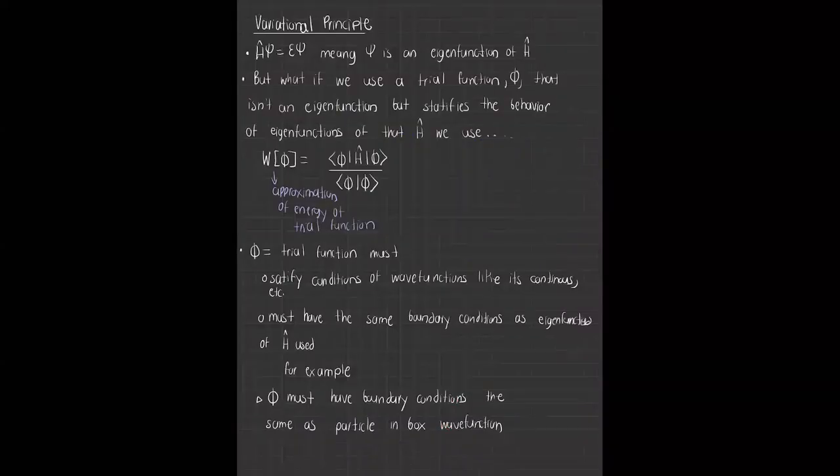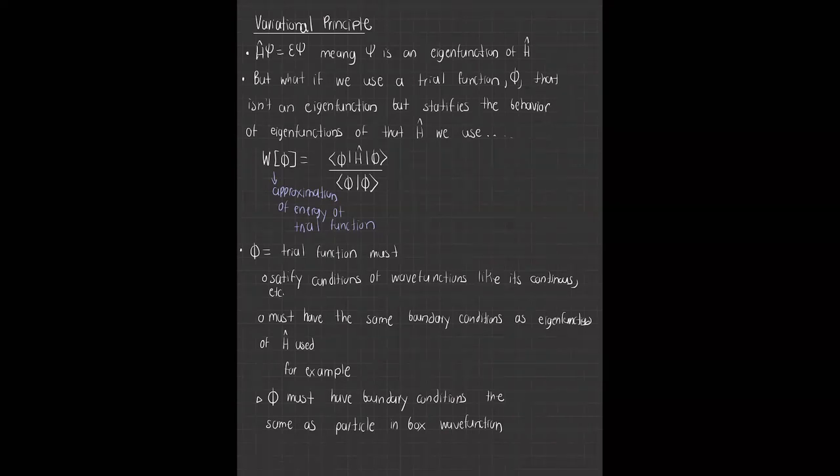And okay, last part is the variational principle. So let's say you have, it's kind of like permutation, but not really. So let's say you have a wave function, like a trial wave function you want to use. It has the same boundary conditions as the wave function. Like let's say you have a trial wave function that's kind of like particle in the box.